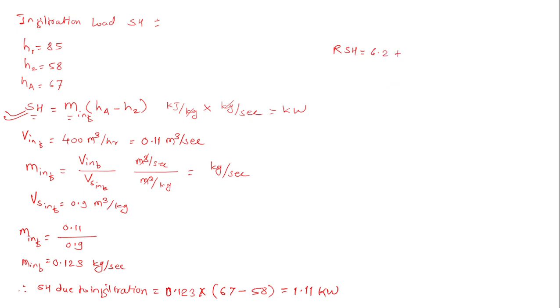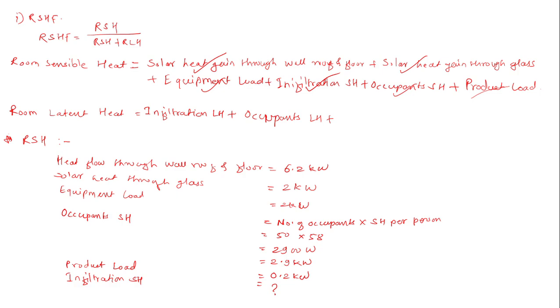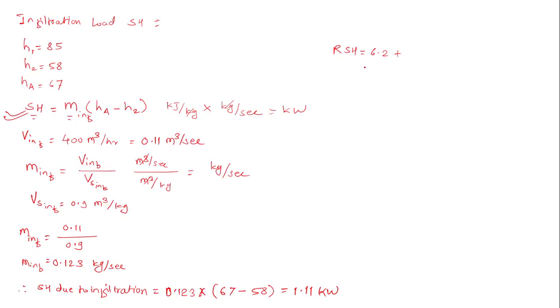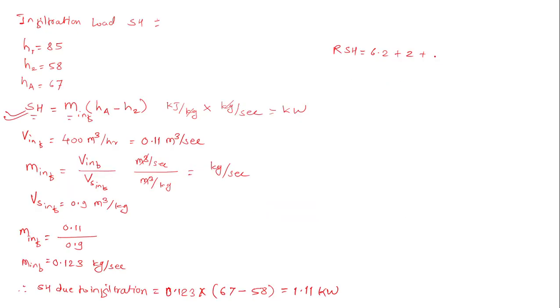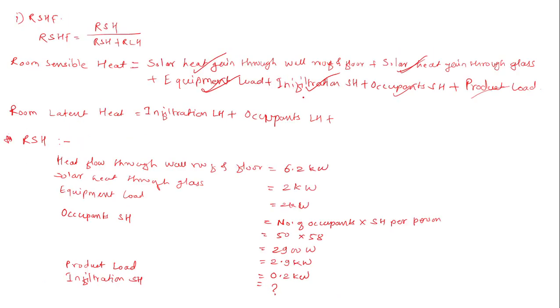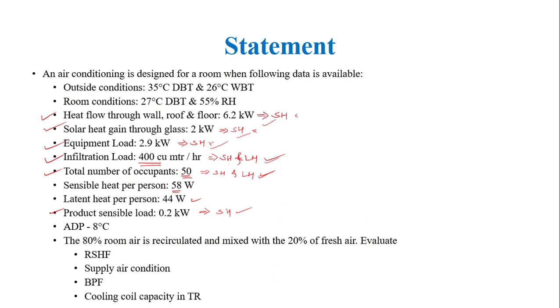Then plus, we'll have the solar heat gain through glass, which is 2 kilowatt. Then equipment load is about 2 kilowatt. Fine, you'll be writing the 2 kilowatt, plus, is it 2 kilowatt only? 2 kilowatt.